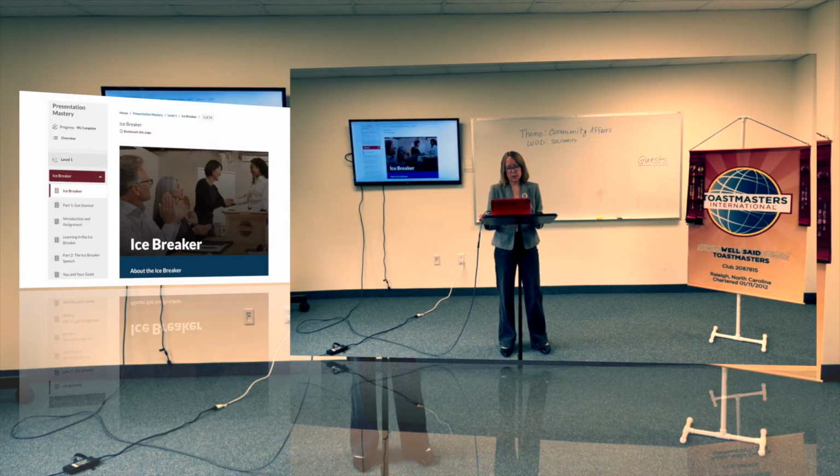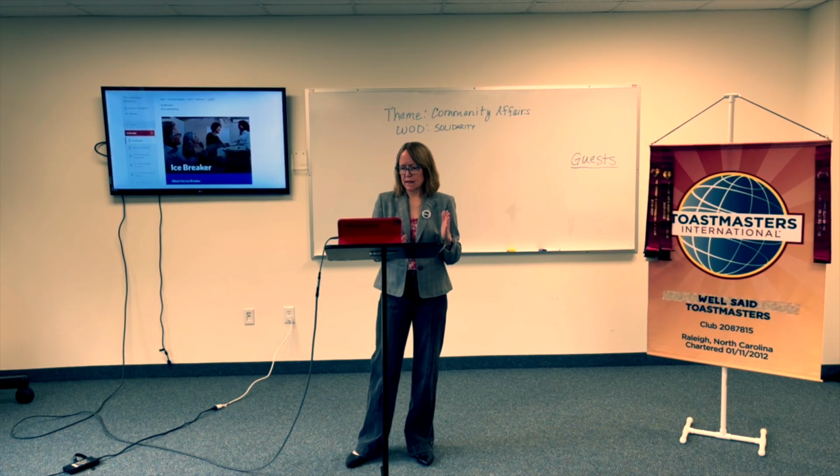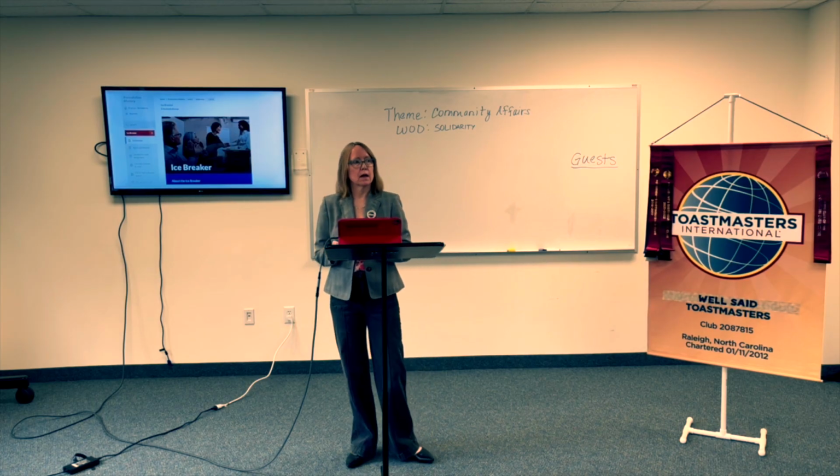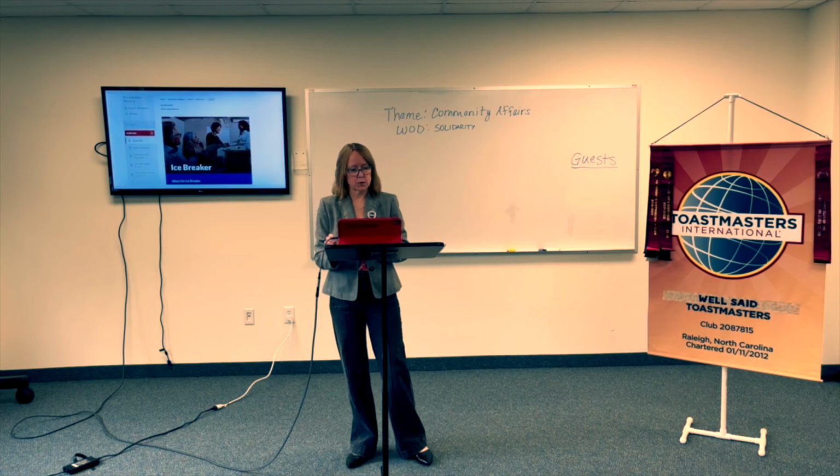For example, here's the icebreaker. It gives a whole bunch of different information on the left-hand side. There's a video, there's text. It gives you a lot of resources so that you can give the best icebreaker possible.